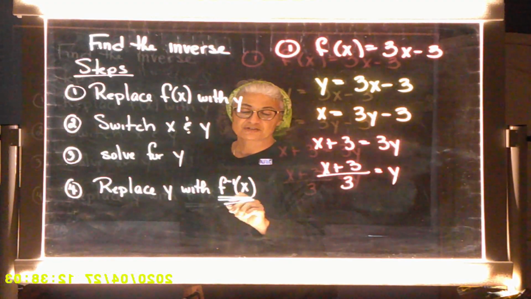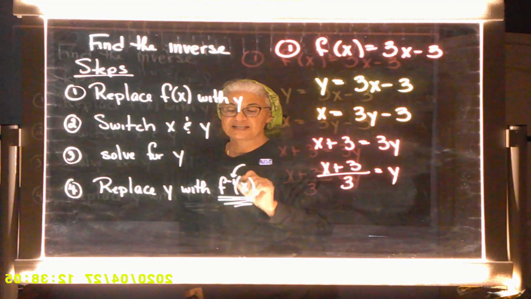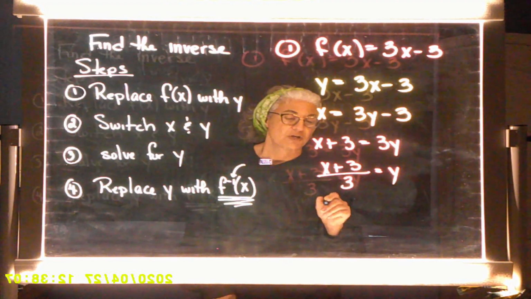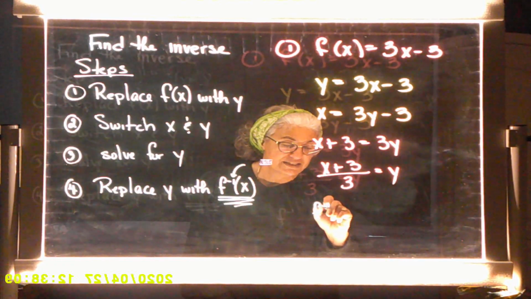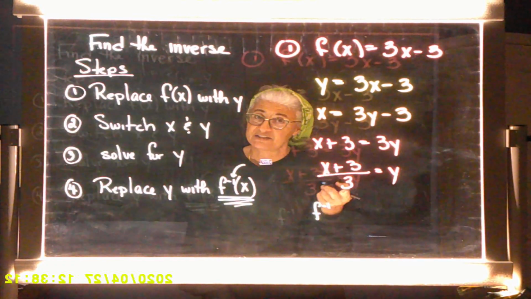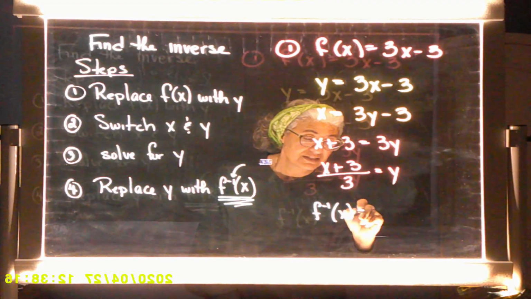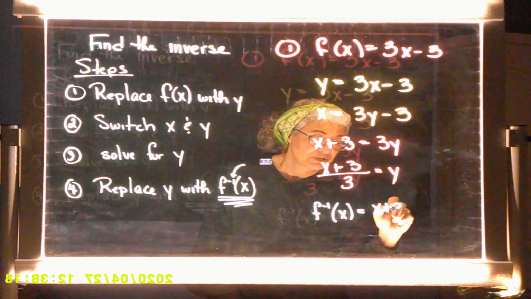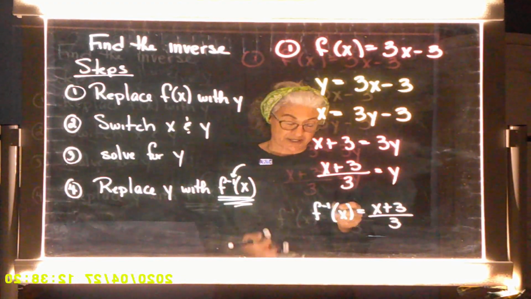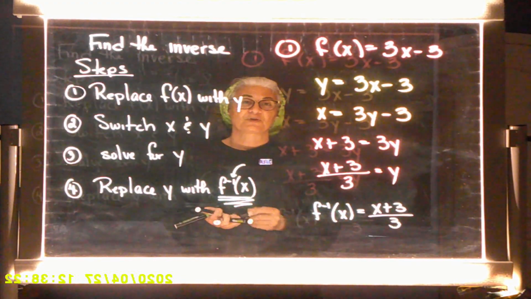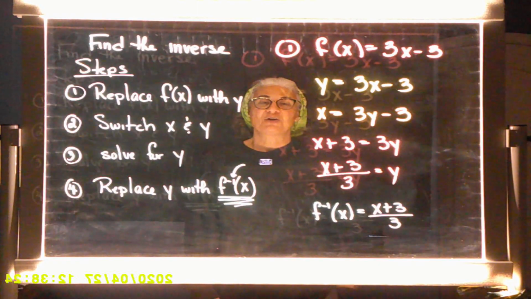This is the inverse notation. You see that negative 1, that means inverse, which means when I say f to the negative 1, I mean f inverse. So f inverse of x is equal to x plus 3 all divided by 3. Cool? You with me? Okay, hang in there.